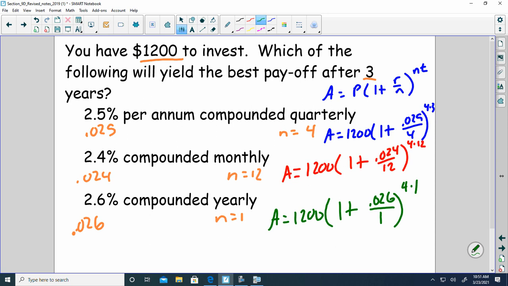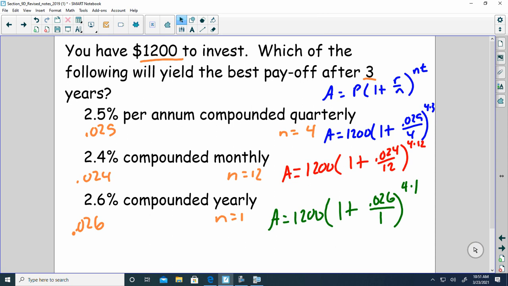Each of those can be done on the calculator pretty quickly and easily. So I'm going to enter 1,200 times (1 plus 0.025 over 4) raised to the 12, then 1,200 times (1 plus 0.024 over 12) raised to the 4 times 12, which is 48, and then 1,200 times (1 plus 0.026 over 1) raised to the 4th. I wrote those there so I could use them on my calculator.